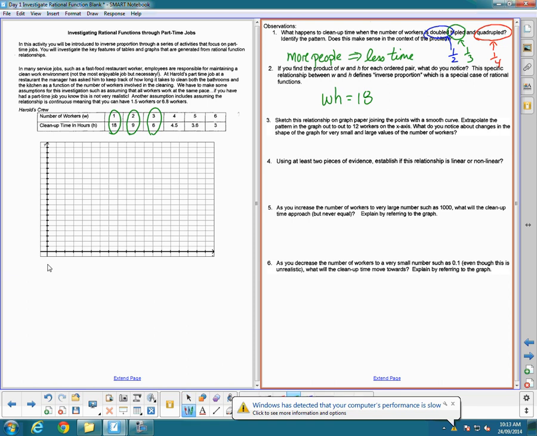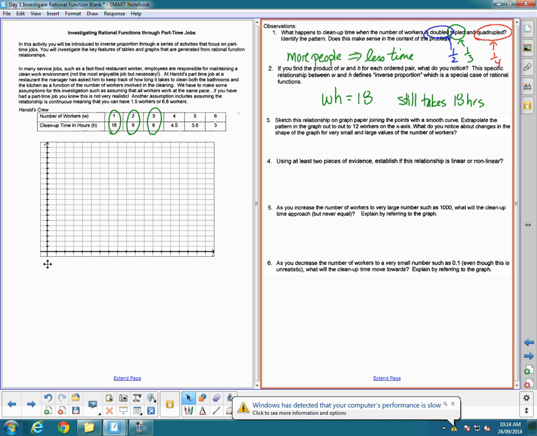Well, there's still 18 hours of work that has to be done. So although it may take less time with more people, there's still 18 hours of work. So regardless of the number of workers you have, it's going to be multiplied by the number of hours. You're still going to get 18.